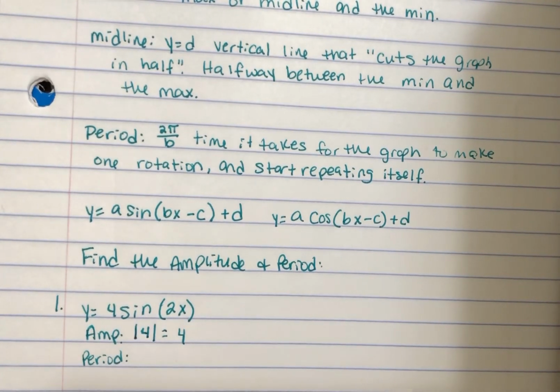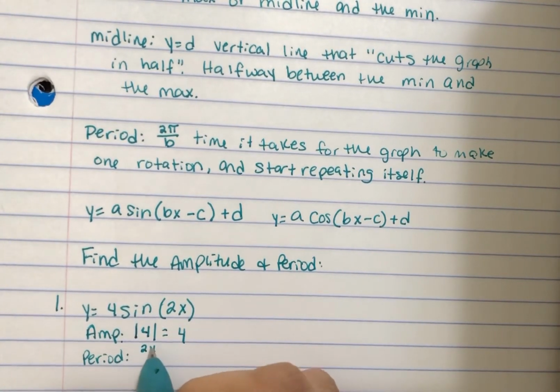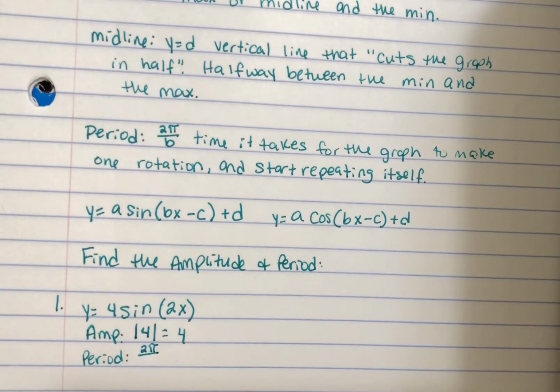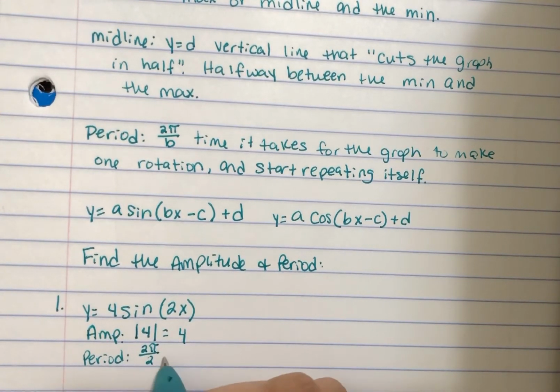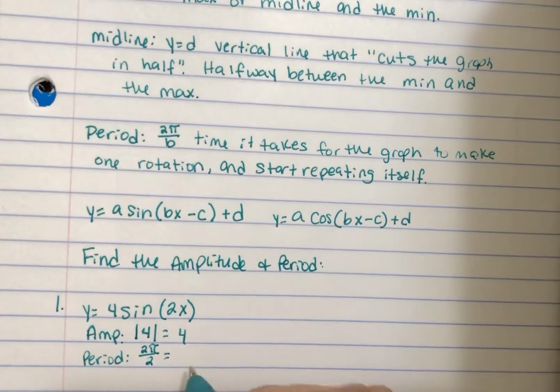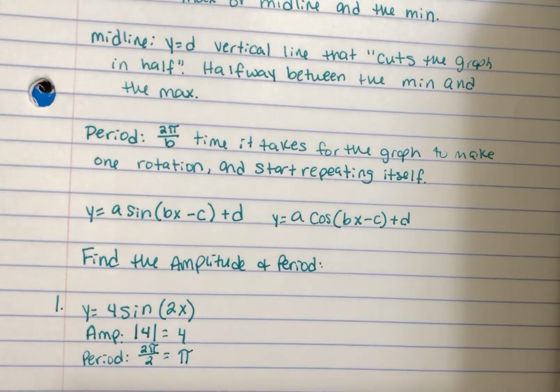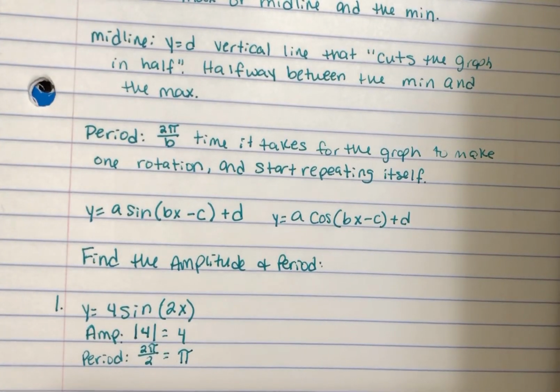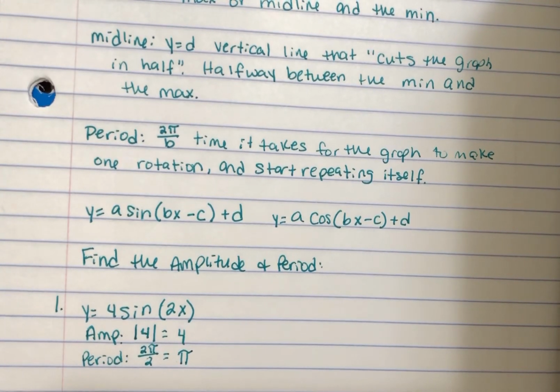And then for the period, we want to do 2 pi divided by whatever number is being multiplied by the x, which is our b value. So in this one, that's 2. So if we do 2 pi divided by 2, we know 2 divided by 2 is 1, so that leaves us 1 pi. That's it.